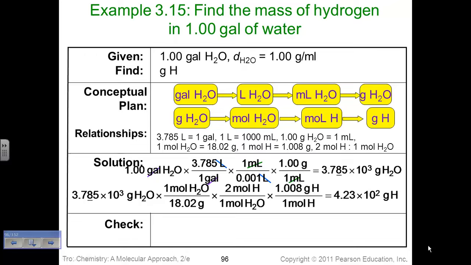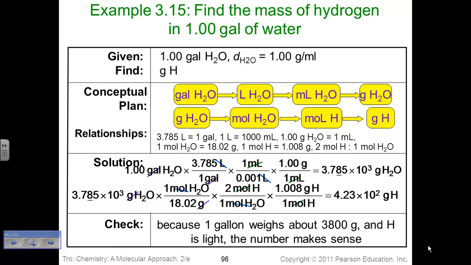If you don't like scientific notation, it's just as easy. Those numbers aren't that large. So 3,785 grams of water is the same as saying a gallon of water. And in that gallon of water, we would have 423 grams of hydrogen.